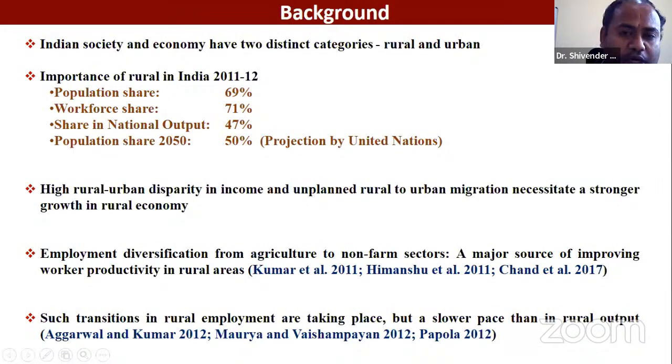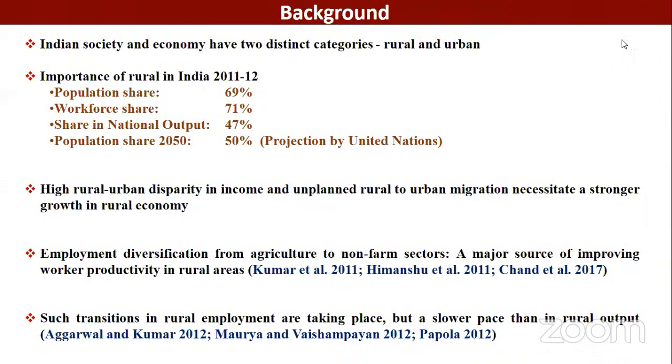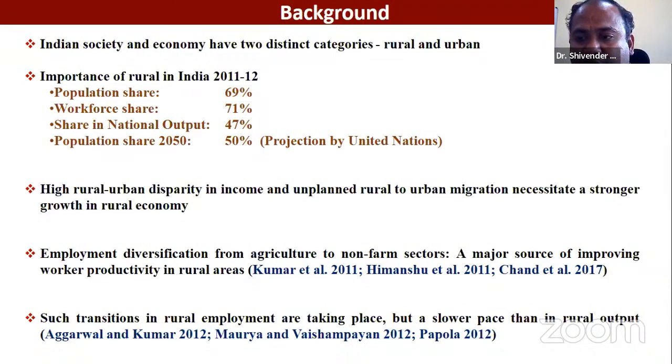Before we start, I would like to give a little background. We all know very well that Indian society and the economy has two distinct categories. We have rural India, and then we have urban India.